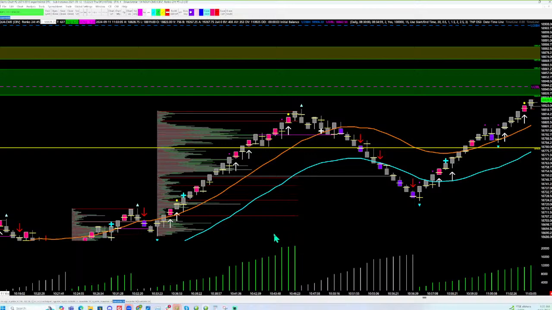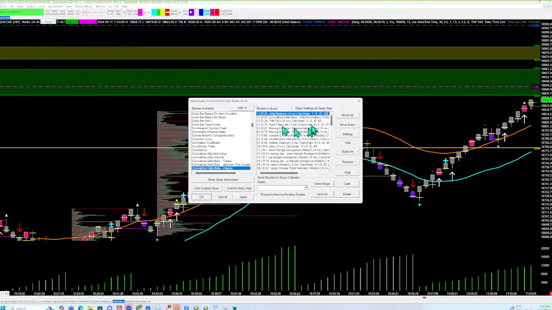Does anyone want to know how to put that setting on your profile? Okay, the way you do that is you go Analysis, Studies, draw out a profile so it's already there.